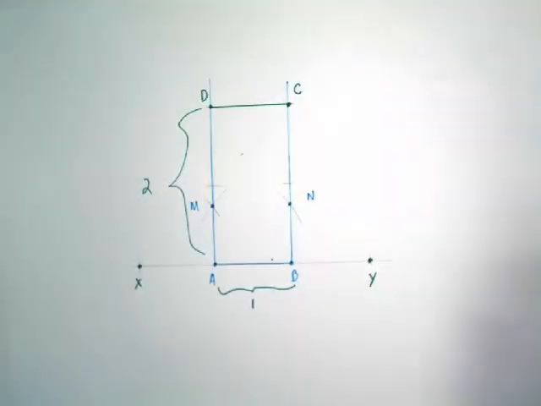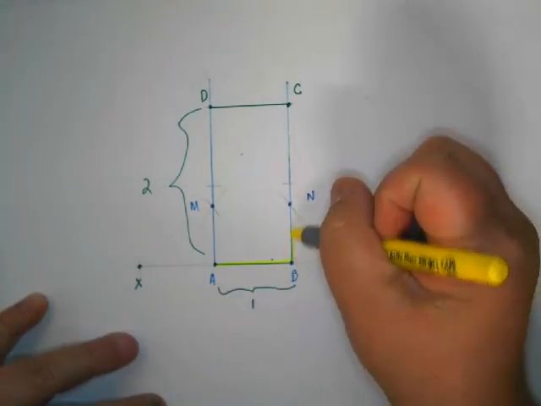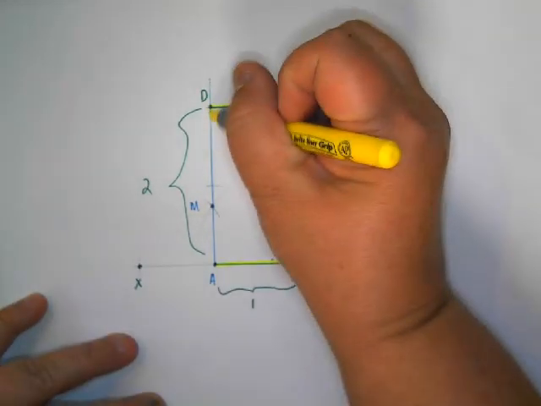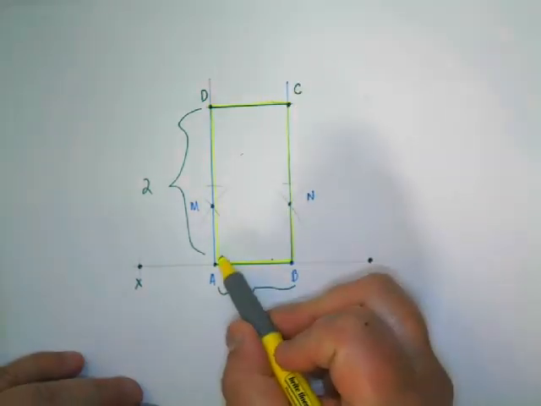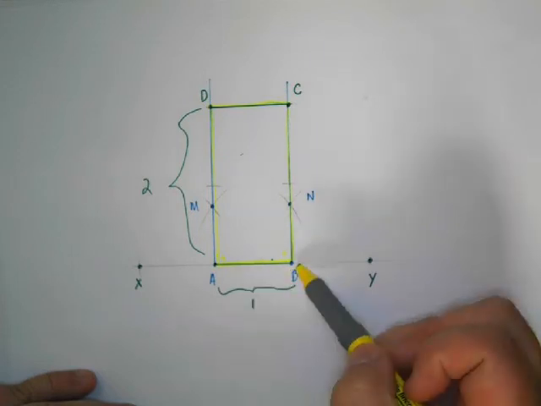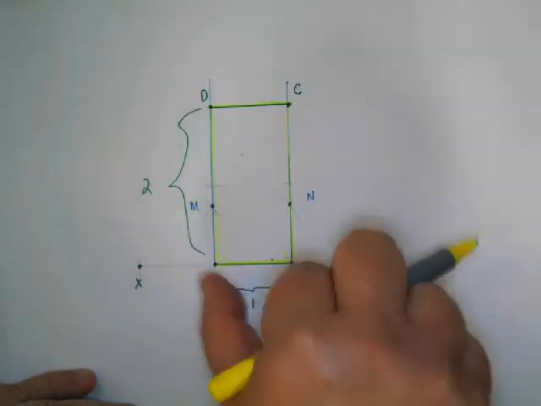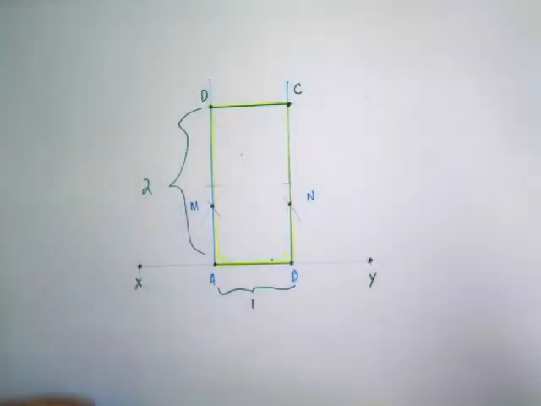So we have rectangle ABCD. I constructed these right angles using the perpendicular bisector construction, and I know that this side to this side is in a ratio of 2 to 1.